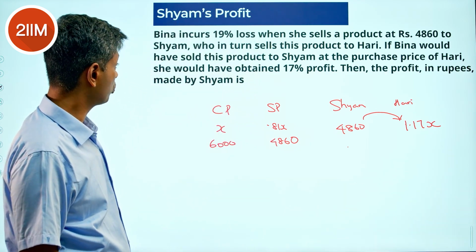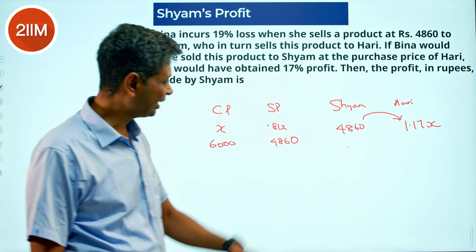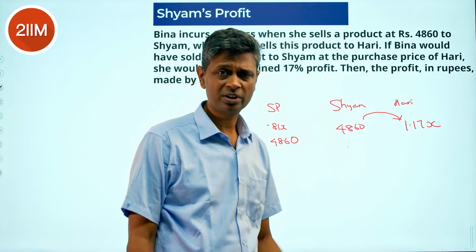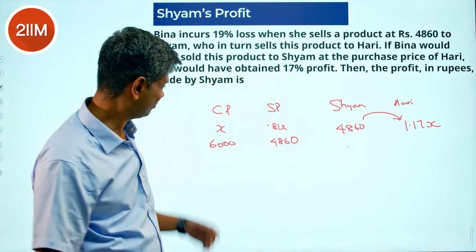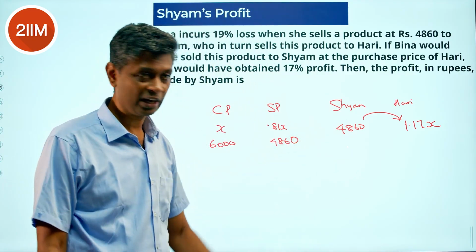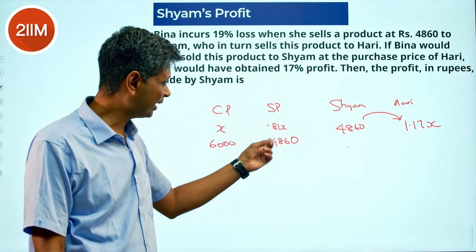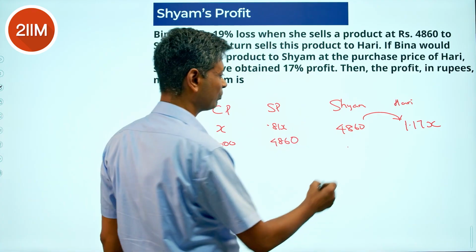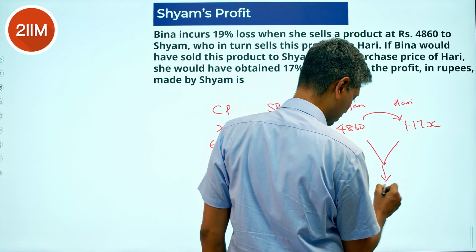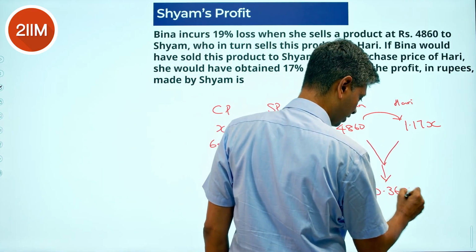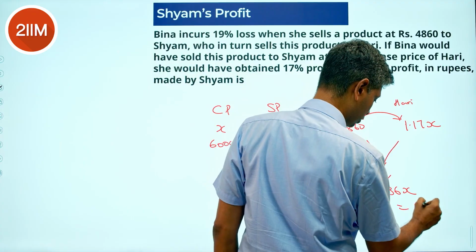Then the profit in rupees made by Shyam is buying at 4860 and selling at 1.17x. We know x is 6000. This is 0.81x. So 1.17x minus 0.81x. This is 19%, 17%, 36%. This difference is 0.36x, where x is 6000.